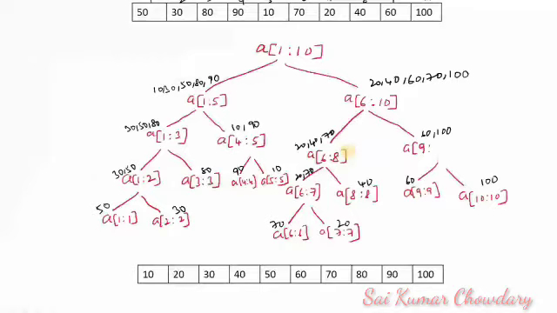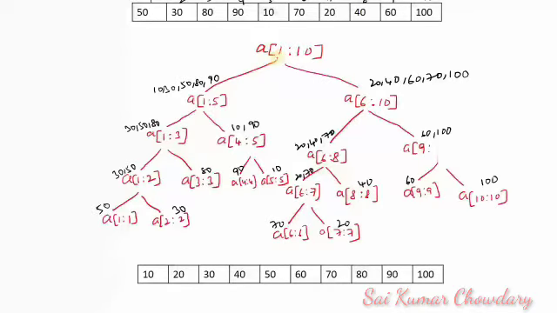Now I have taken here a set of elements where the index starts from 1 and the total number of elements is 10. Of course, I need to sort these elements into an order. So now we'll see how this procedure proceeds.